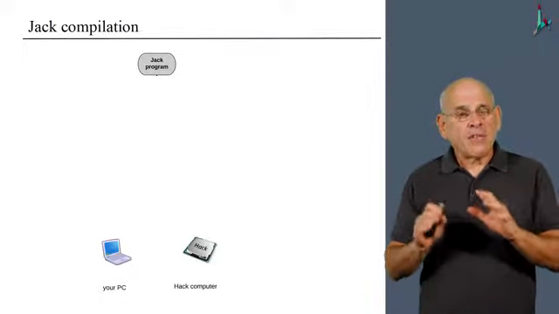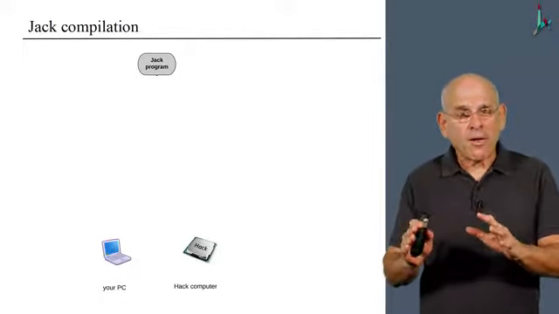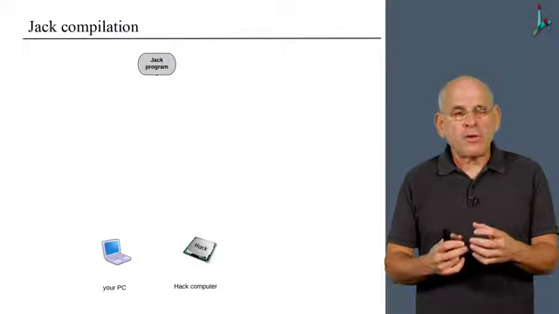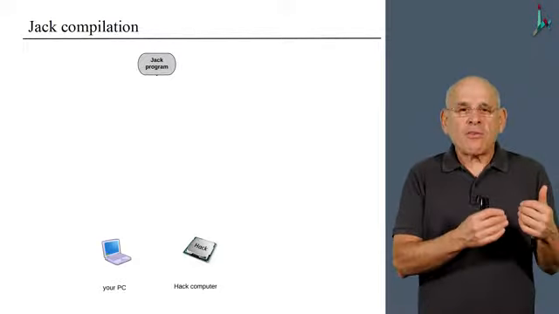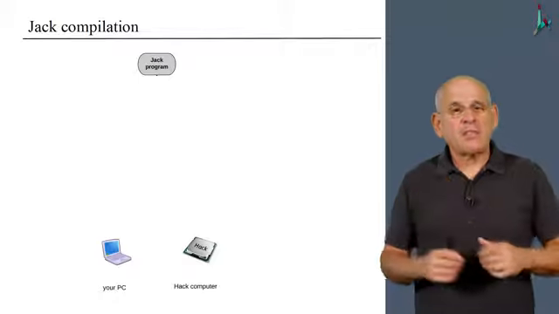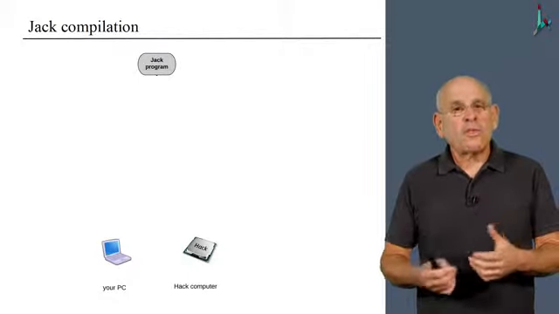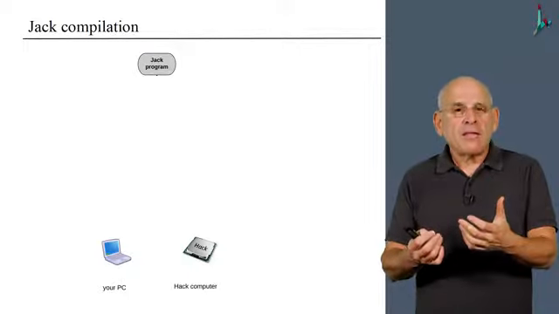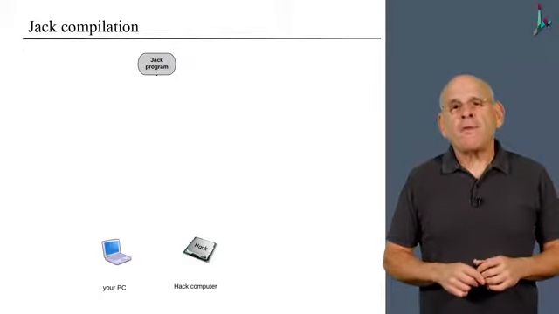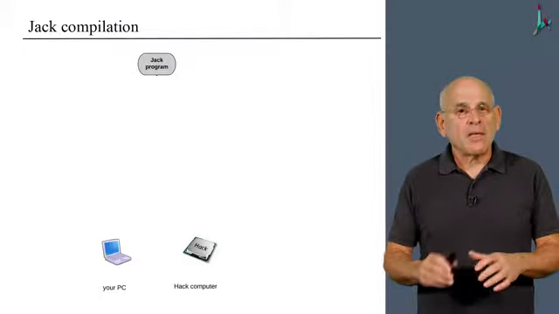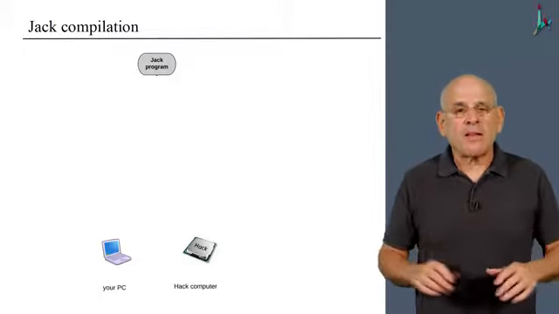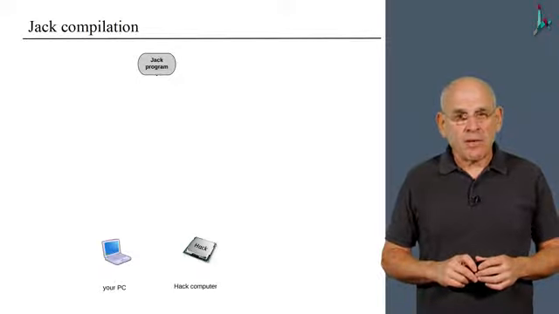If you didn't take nand2tetris part 1, don't worry about it. You don't need the actual hack computer, because the nand2tetris software suite, which is now sitting on your computer, includes an emulator that simulates the hack computer on your PC. So you can do everything that has to be done in this course using this simulator.